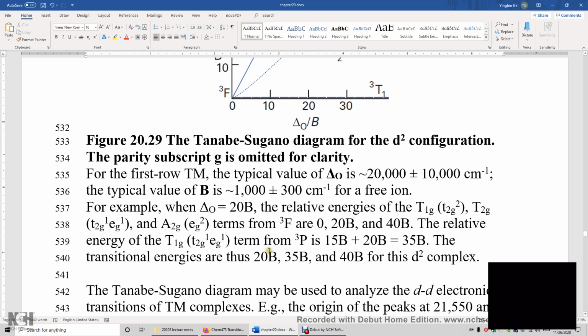And then you can calculate lambda in nanometers. So in this case, we have 20,000 wave numbers. The lambda value is 500 nanometers.